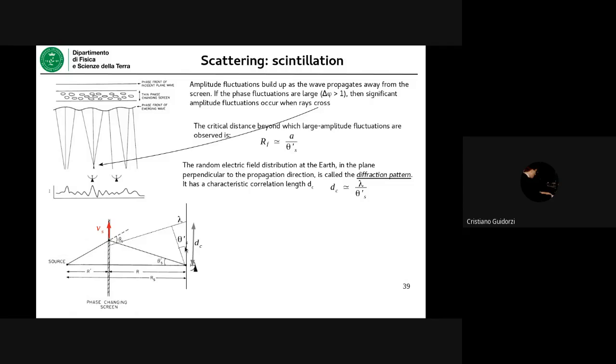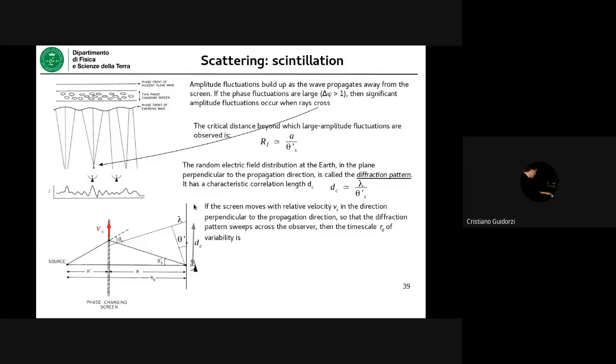But instead, if you move your detector by a length which gets comparable with dc or even larger, then the flux you collect will change. So the average intensity that you can measure changes completely. It is no more correlated between one point and another, so it changes significantly.